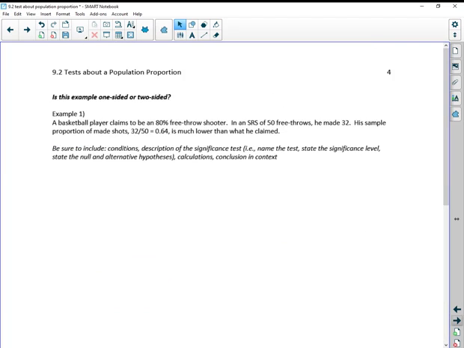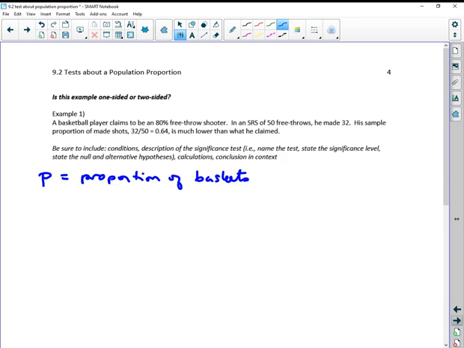So let's go through and see if we can do this example with our basketball player shooting, telling you that he is an 80% free throw shooter. And he just went out there and got that 0.64. We looked at this last class and we're looking at it again. So first of all, make sure that you've defined what you're talking about. So P is going to be the proportion of baskets made.